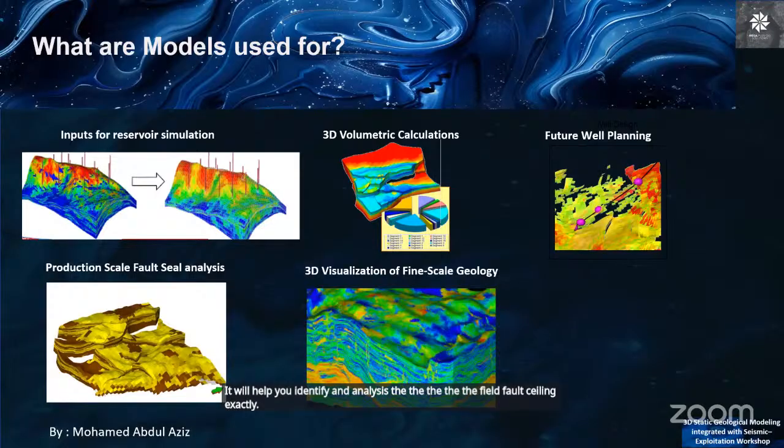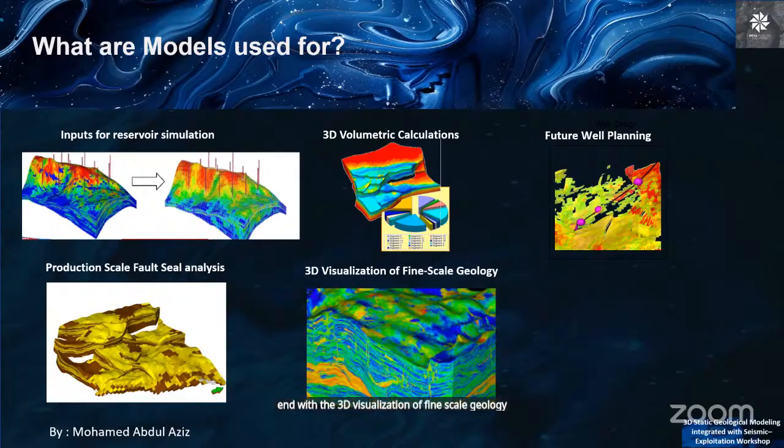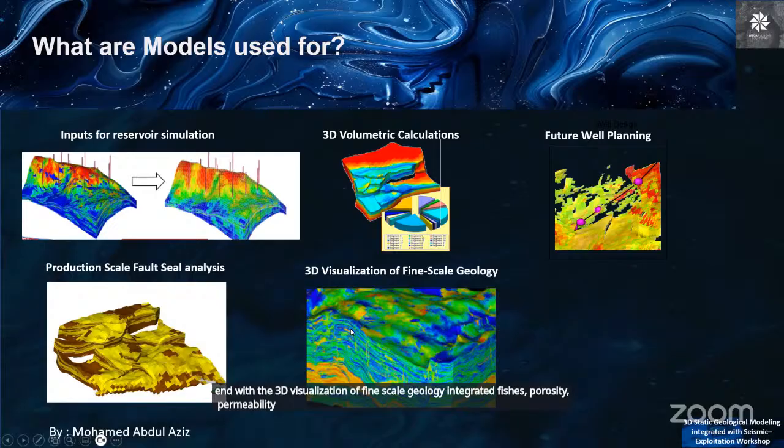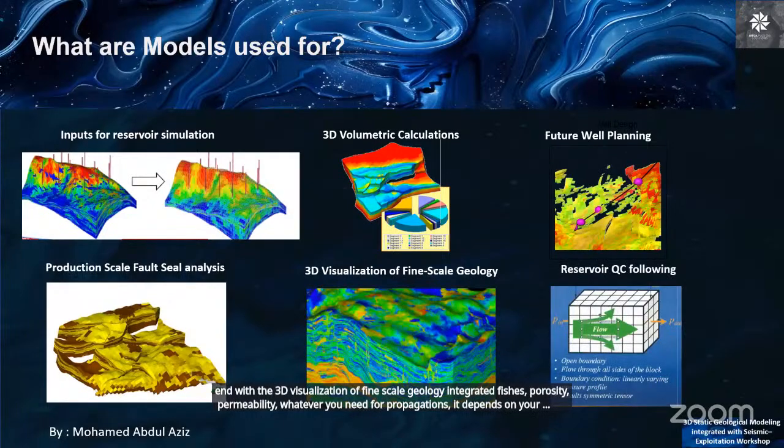To end with, the 3D visualization of fine-scale geology, integrated facies, porosity, permeability, whatever you need for propagations, depends on your objective. And finally, it will help more in flow simulation.